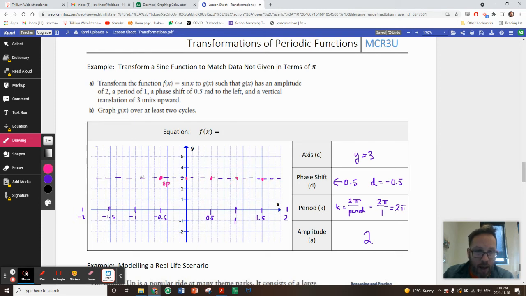So let's add in those points. I'll even add one more over here. The sine function starts at our starting point, goes up and comes back down, going 2 above and 2 below the axis every halfway. So 2 above, 2 below, 2 above, 2 below, something like that.